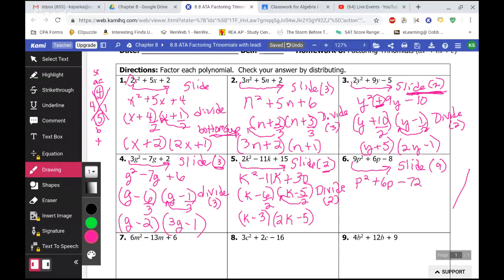So we're looking for two factors that multiply to give you 72, but when you add them, give you a 6. What factors would those be? One's going to be positive, one's going to be negative, and the bigger of the two is going to be positive. What would that be?